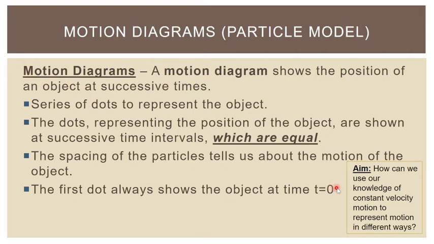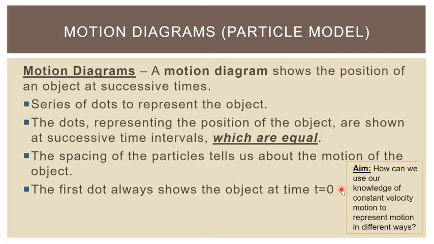That's super crucially important. If you want to find out what happened during any amount of time, then you have to involve multiple dots. If you want to find out where an object is at a particular time, then you always need to remember that the first dot shows you time t equals 0.